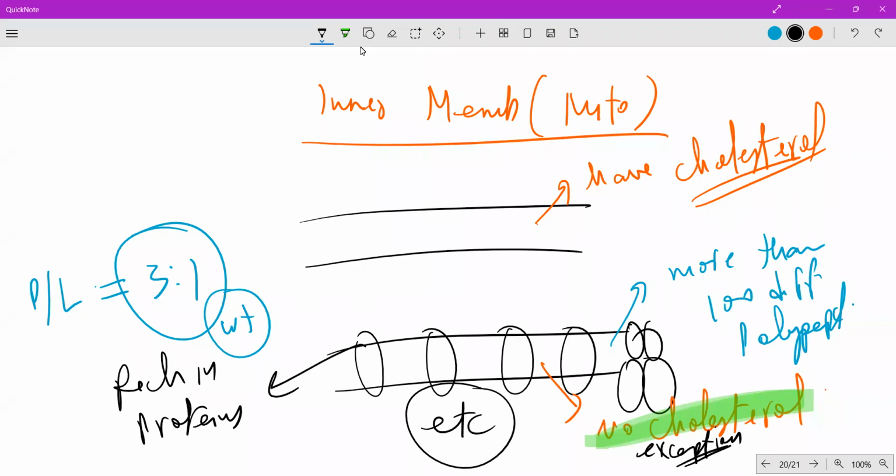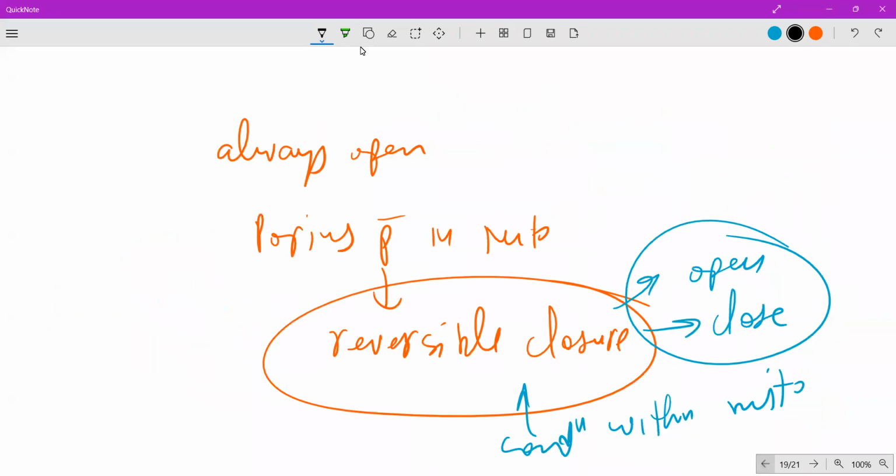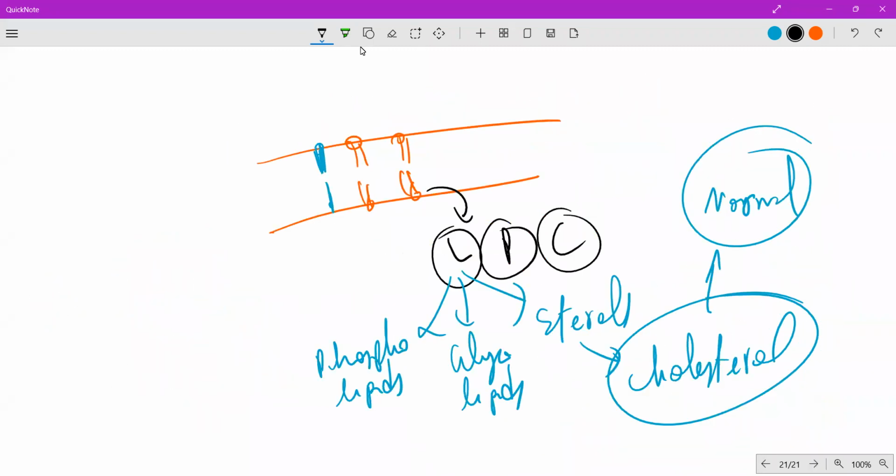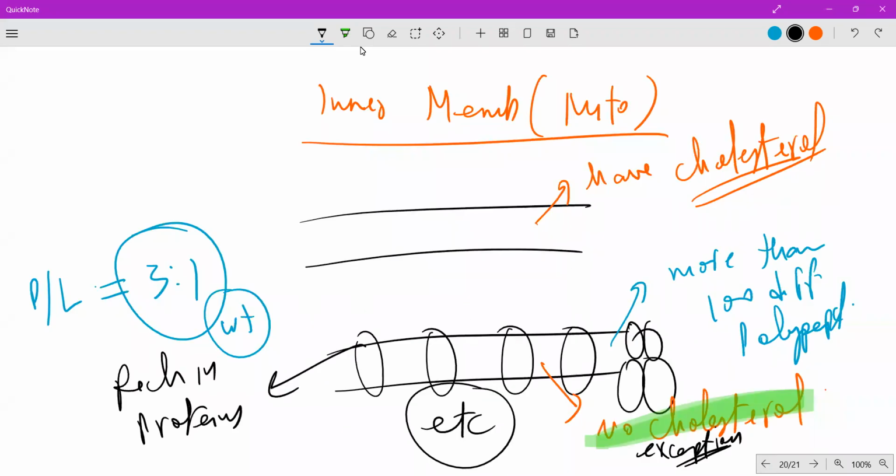We know the inner membrane is found to have a special phospholipid. Just now we talked about phospholipids; membranes have phospholipids. I hope I am not fast. Does anyone feel I am moving too fast? You can interrupt me. If anyone doesn't understand Hindi or English, you can ask me.